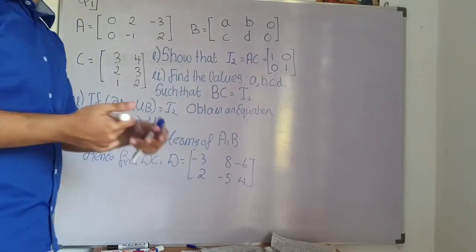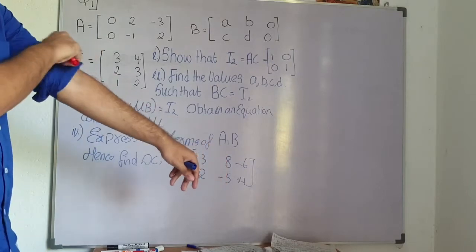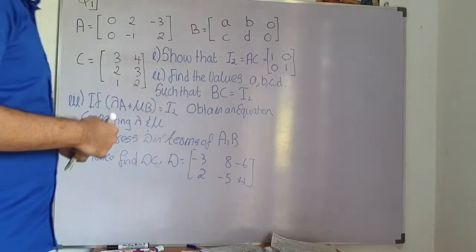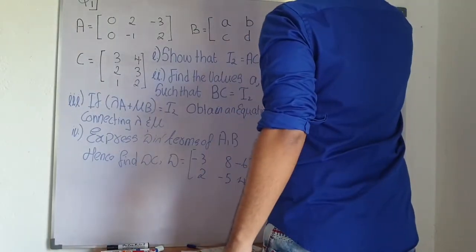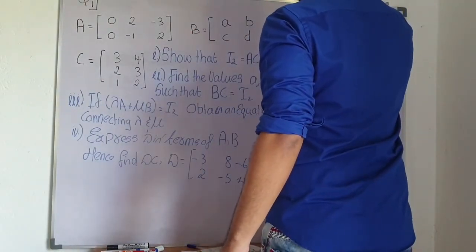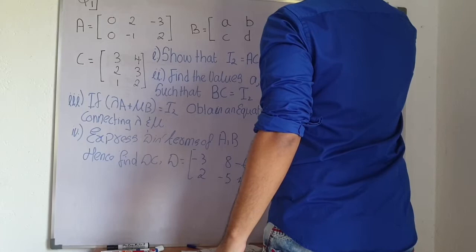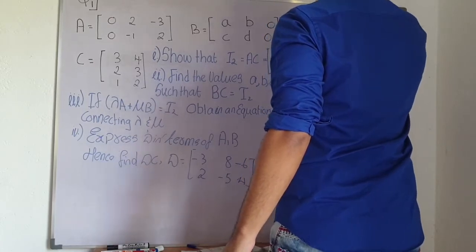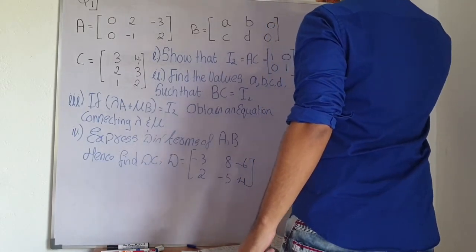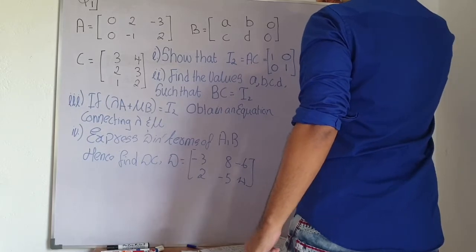So now we should just multiply these AC matrices, right? So first of all we have to consider the matrices of AC. I'll write AC is equals to 1 0 and 0 1, right?